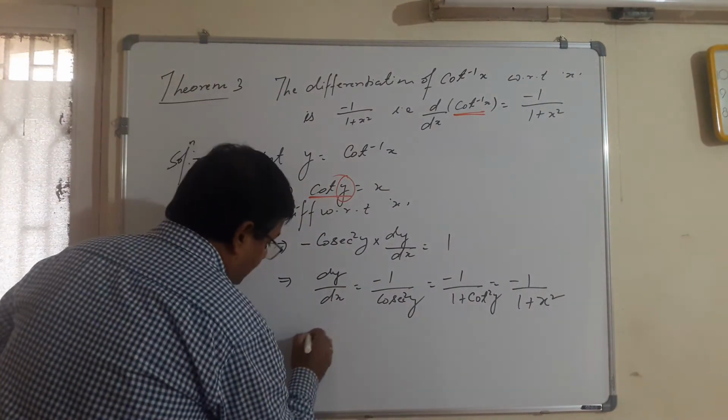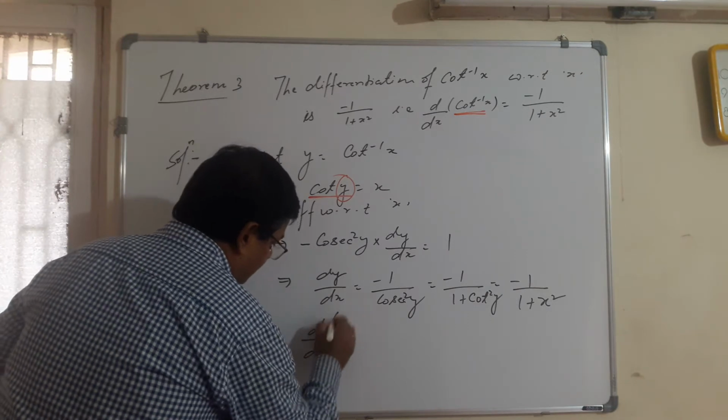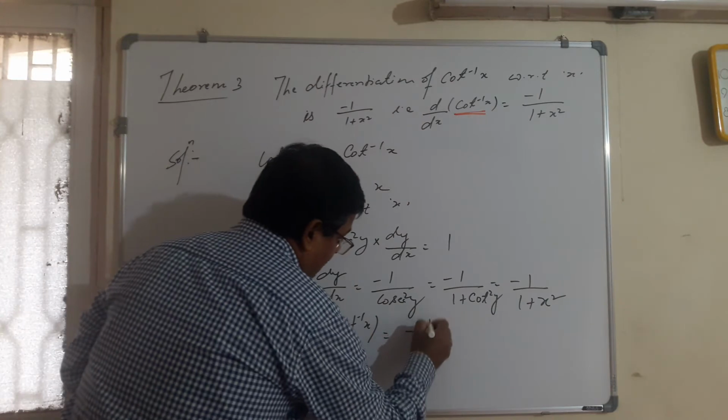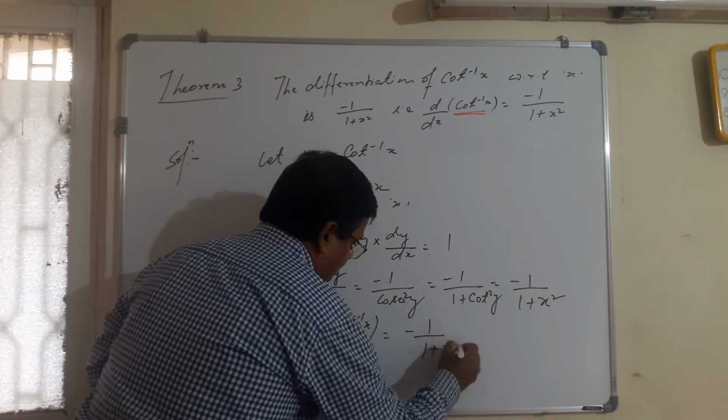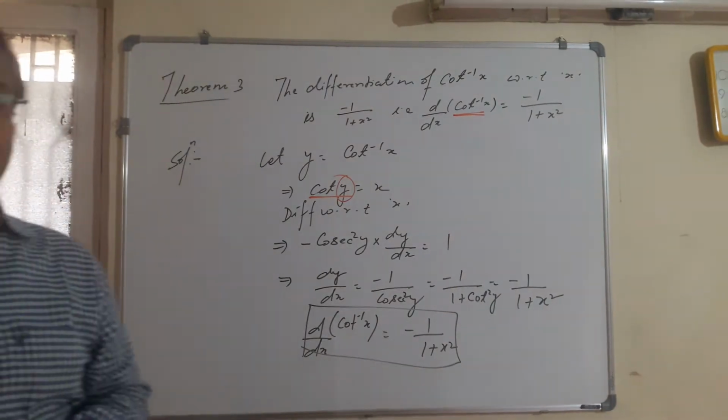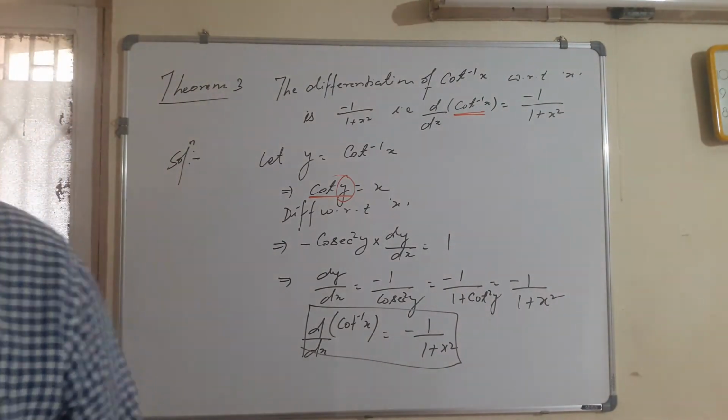It means the differentiation of cot inverse x is equal to minus 1 over 1 plus x square. So this is the formula for differentiation of cot inverse x.